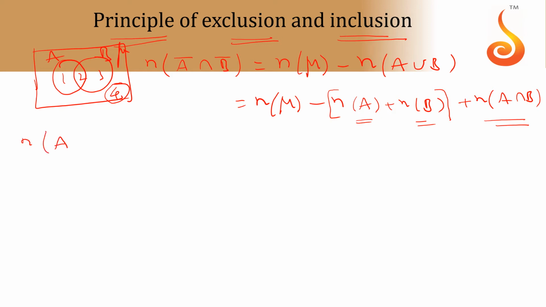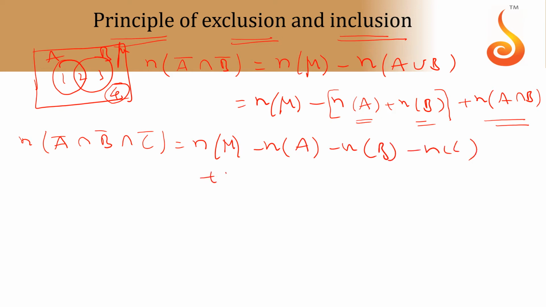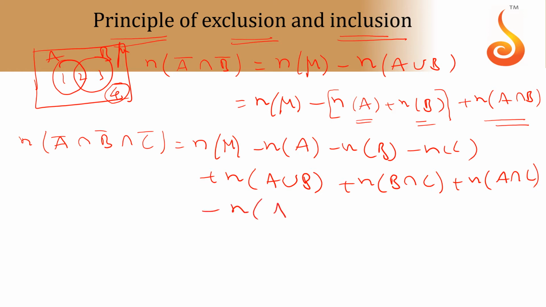So what will be for 3 sets? n of neither A nor B nor C will be from n of mu, single sets you exclude, 2 sets you include, 3 sets you exclude. So like that you can generalize it for n number of sets also. So this is principle of exclusion and inclusion.